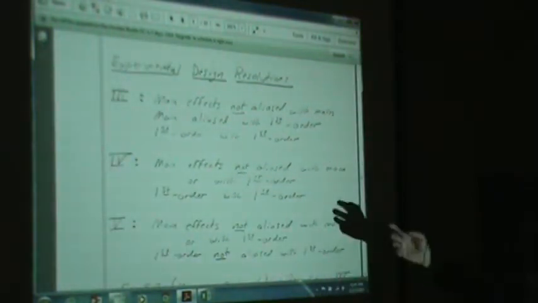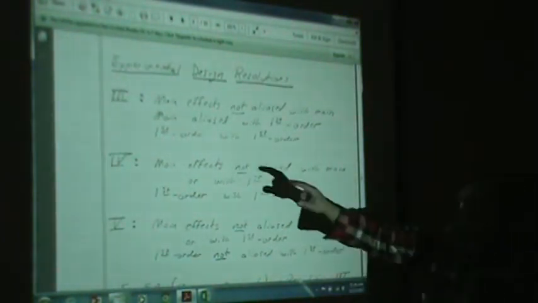So one of the things they talk about is they rank these structures differently. And they give them what's called a design resolution, because you're able to look, how deep can you look? Can you look at main effects in first order before you start getting aliasing things, or can you look further down?